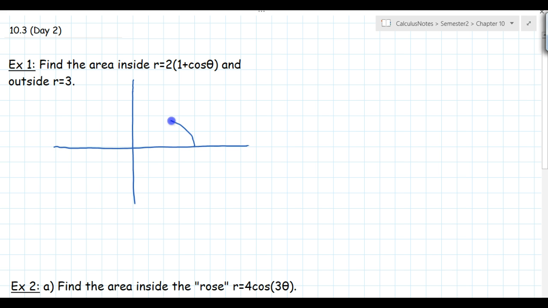So we have our cardioid, and then we have a circle with a radius of 3. And we want to find the area inside the cardioid but outside of the circle.